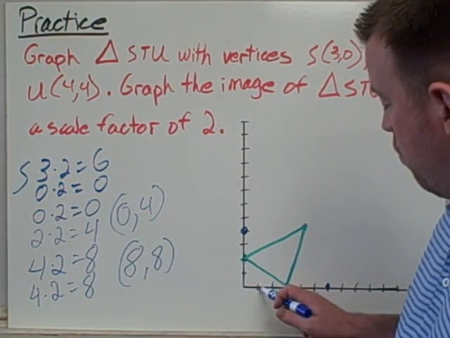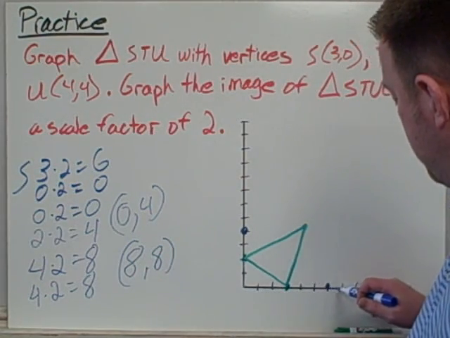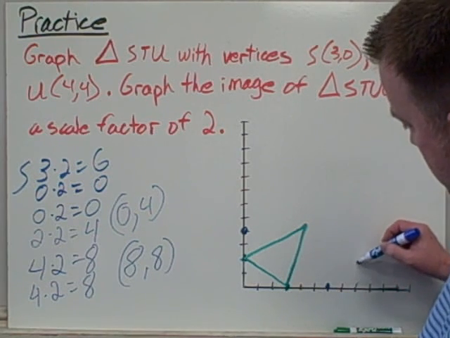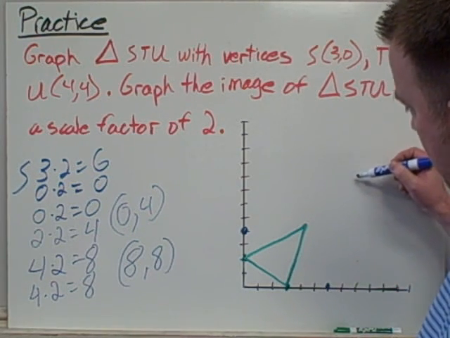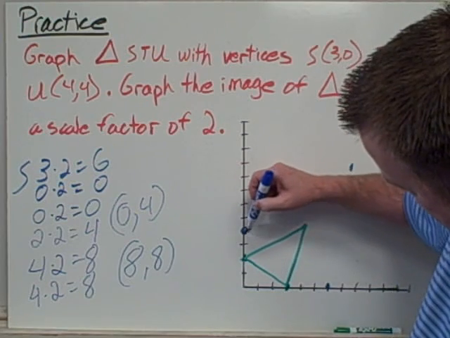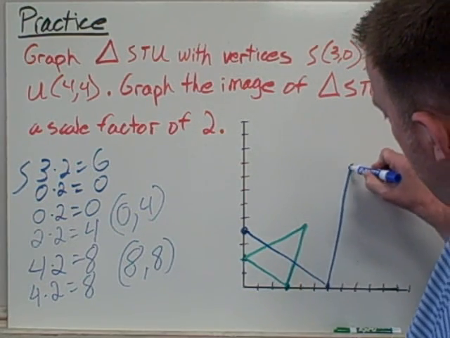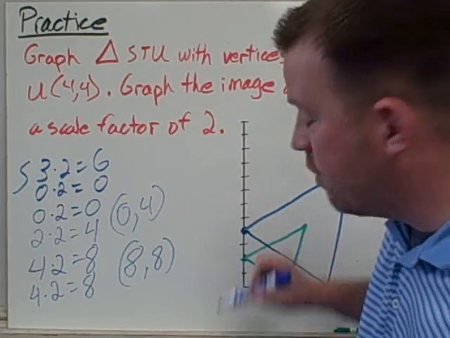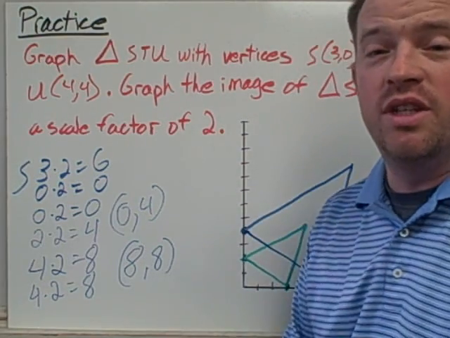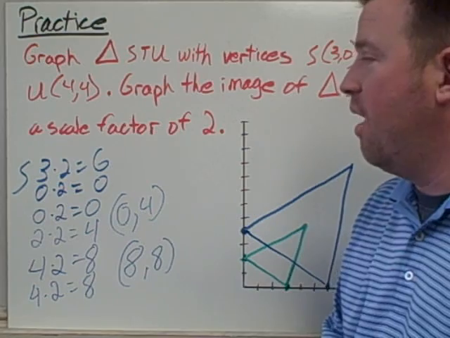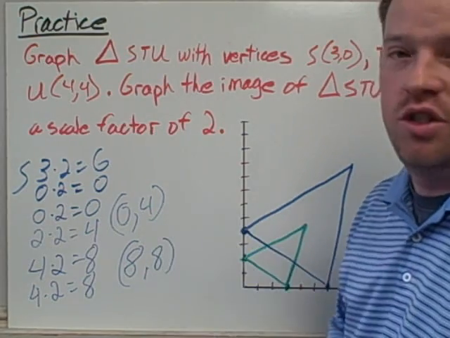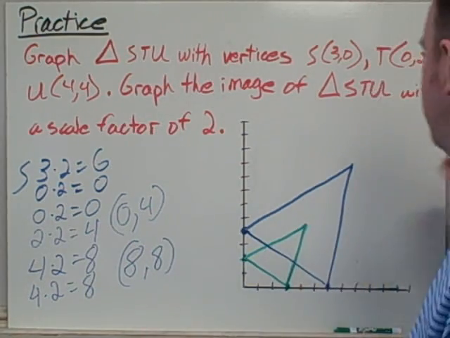So we can go 1, 2, 3, 4, 5, 6, 7, 8, and count up 1, 2, 3, 4, 5, 6, 7, 8. Connect those. And we have now created a dilation using the ordered pairs and multiplying by the scale factor of 2. Okay, one last example.